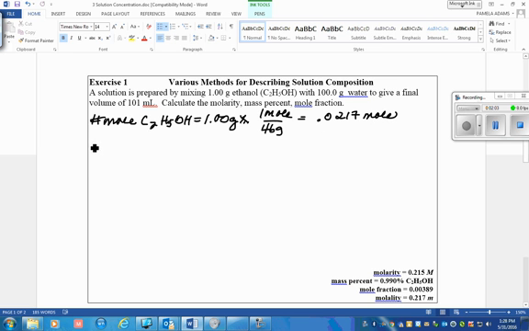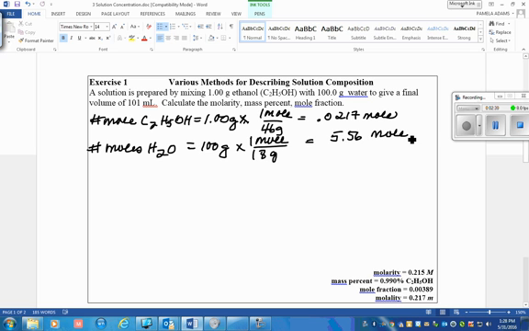There we have it. And I need to know the number of moles of water in 100 grams of water. Each mole of water has a molar mass of 18 grams, and that gives me 5.56 moles of water.